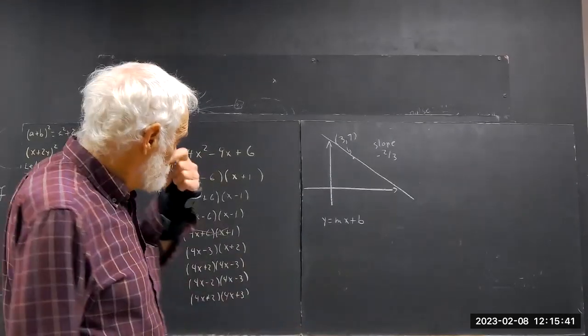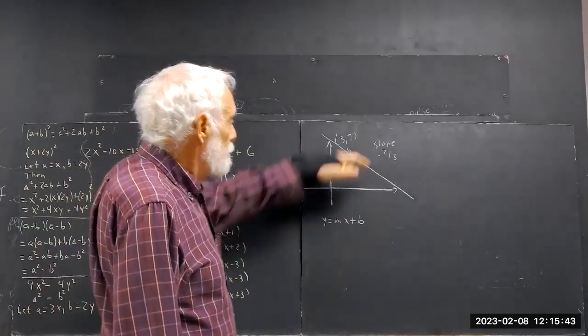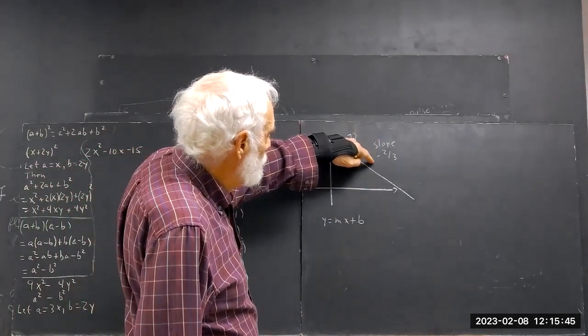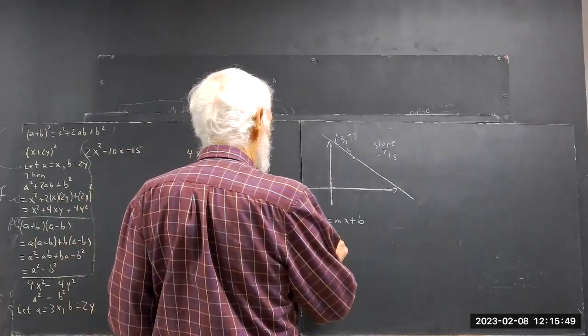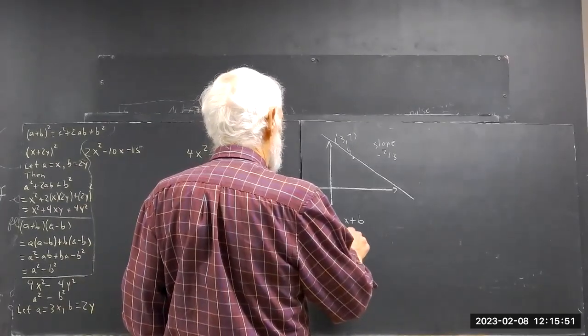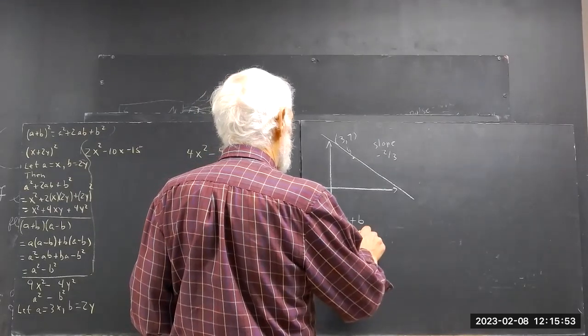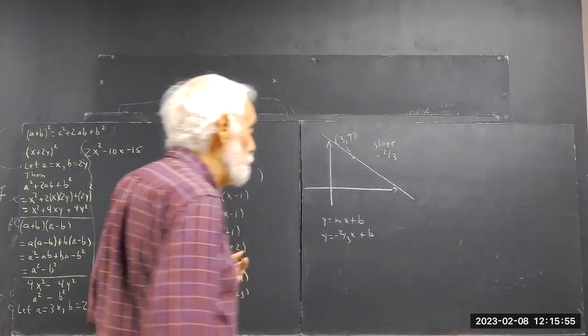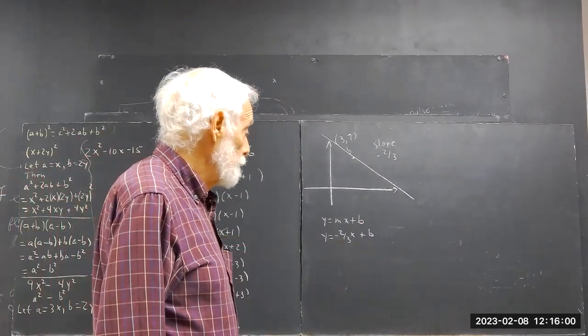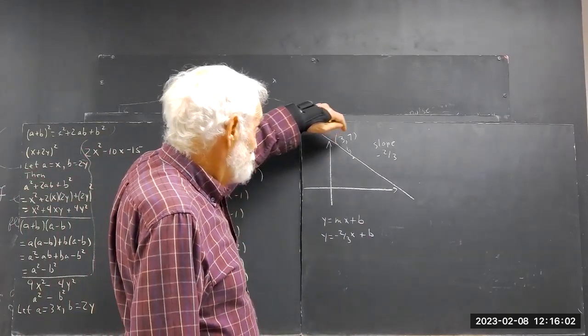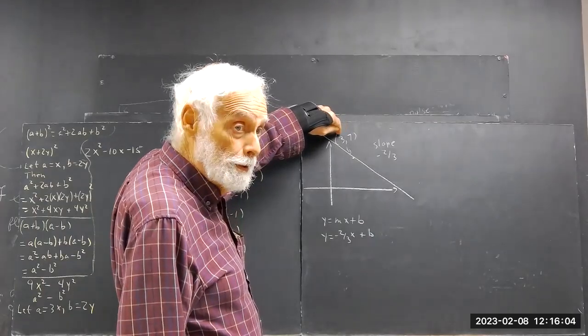Okay, well, there's several choices. First one might be the slope. So we might say that y equals -2/3 x plus b. That's certainly going to be valid. We also know that y equals 7 if x equals 3.